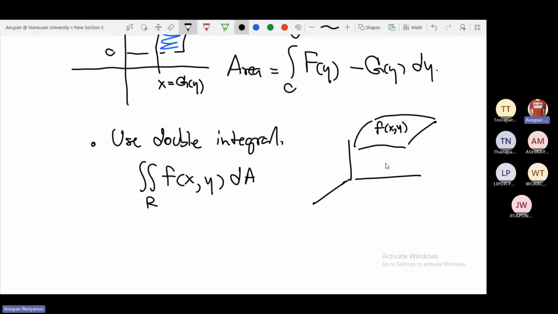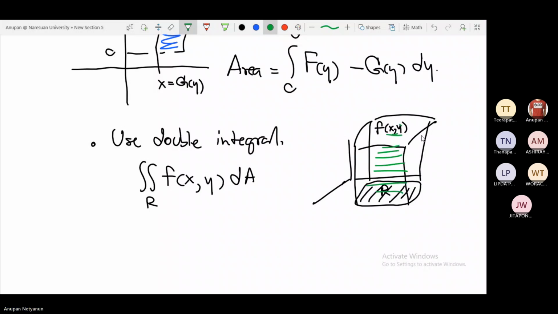And if you are interested in this region R, the outcome of this double integral is going to be the solid object, which is below the surface but above the region. So you have this solid object.